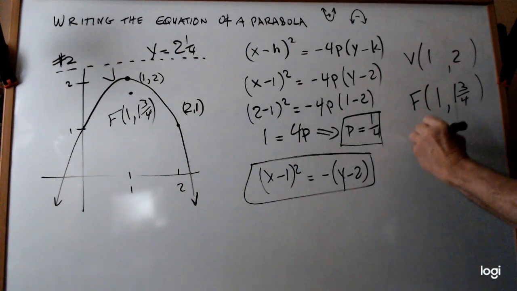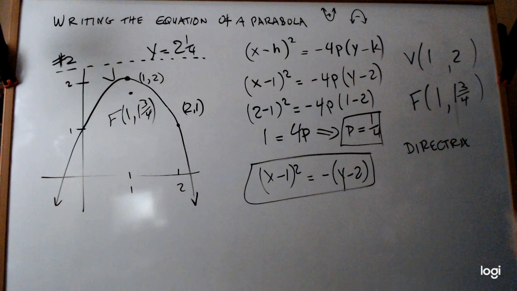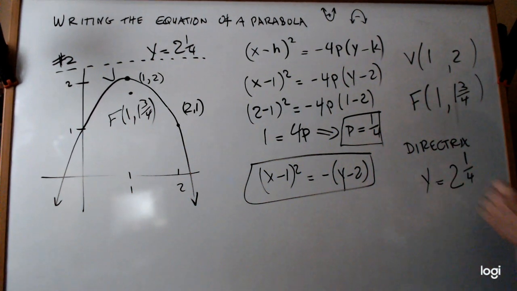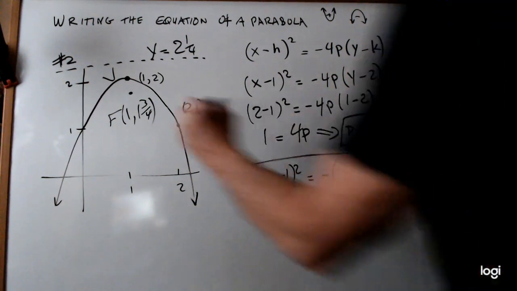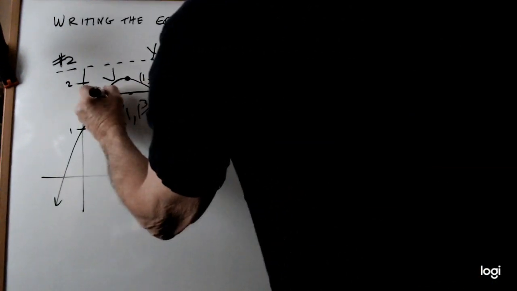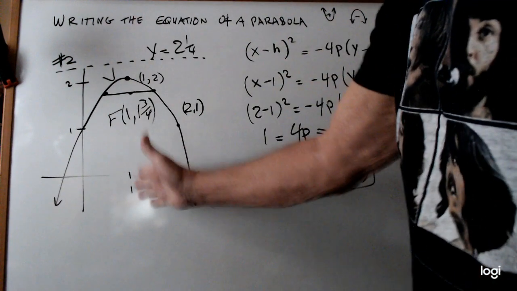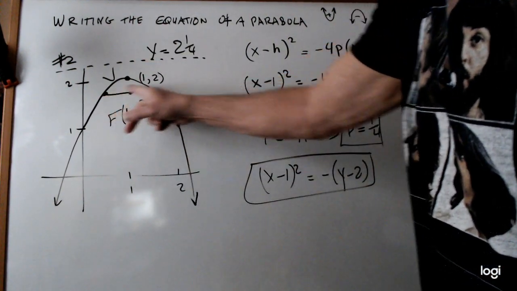Okay, so the directrix, in this case a horizontal line, is y equals 2 1/4. Okay, and the last thing we often ask to find is the length of the latus rectum. The latus rectum is perpendicular to the axis of the parabola, goes through the focus, and it's the length here.